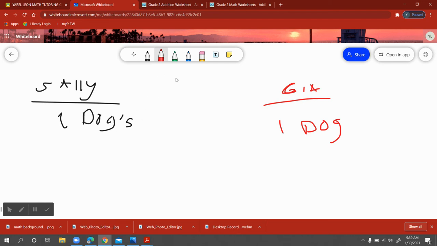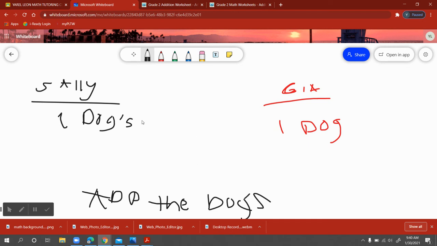So she's like, let's add the dogs. 2 dogs plus 1 dog equals, if you said 3, you are very correct. And don't put 3 dogs, because this is just an example. But it tells you the answer anyways.